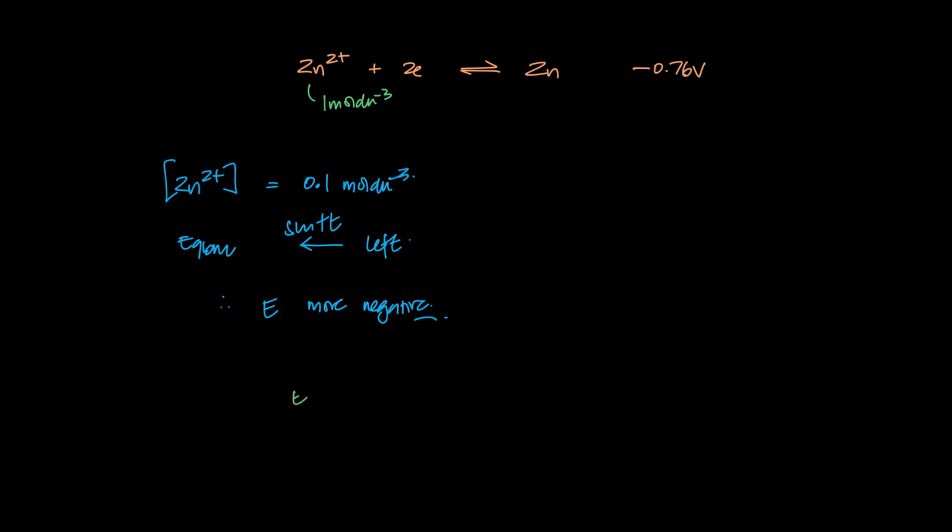The new E is equal to the original E naught plus 0.059 over Z, I'll tell you what Z is, into the log to the base 10 of the ratio of the oxidized species over the reduced species.